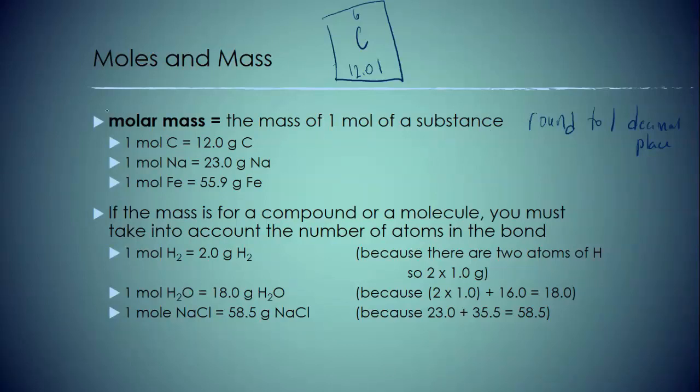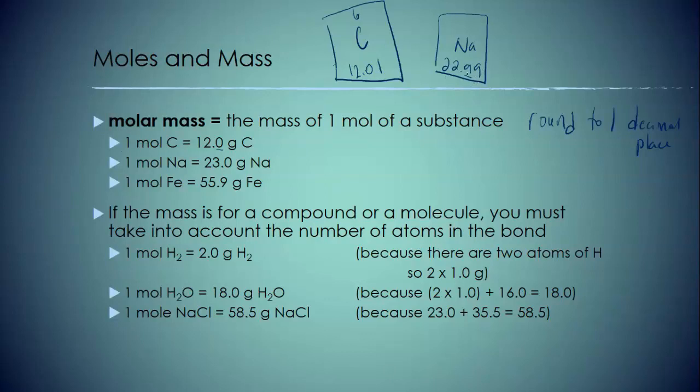So how I came up with 12.0 for carbon was I took 12.01 and rounded it to 1 decimal place. So 1 mole of carbon atoms would have a mass of 12 grams. For sodium, the periodic table says 22.99 as the atomic mass. For the molar mass, we're rounding it to 1 decimal place.